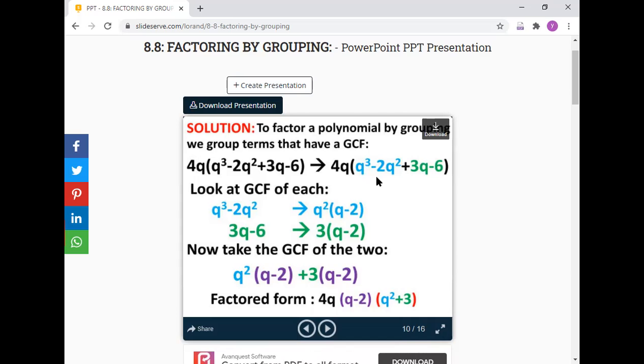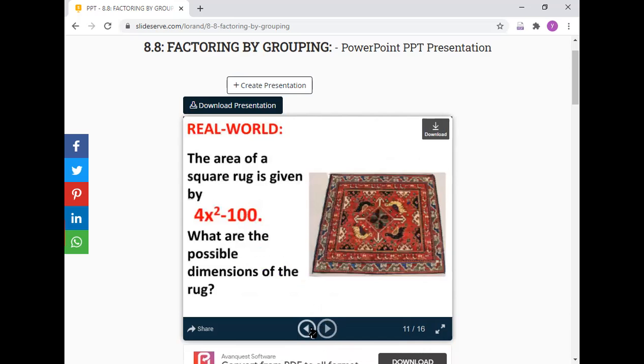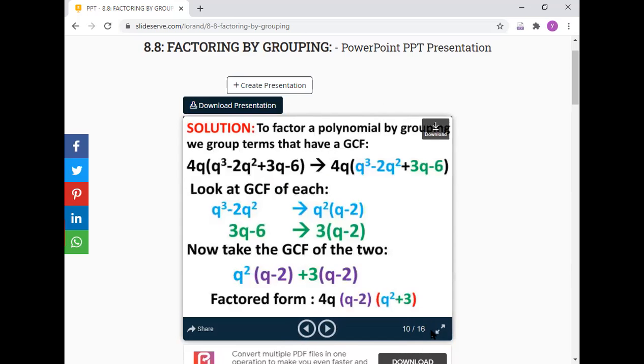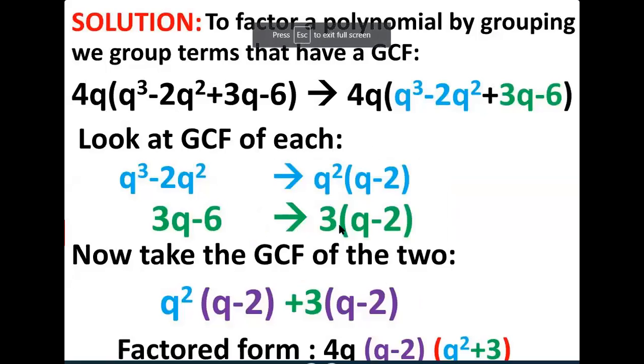We will start to factorize q to the power of 3 minus 2q to the power of 2. The GCF between them here will be q to the power of 2, then the remainder will be q minus 2. And for 3q minus 6, the GCF is 3, so we have q minus 2.